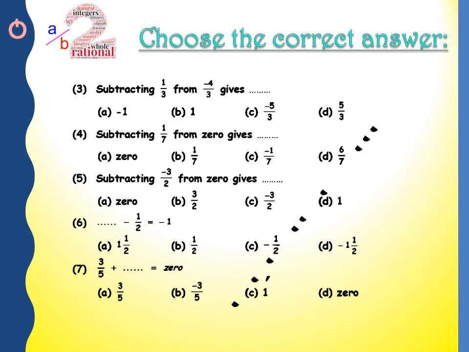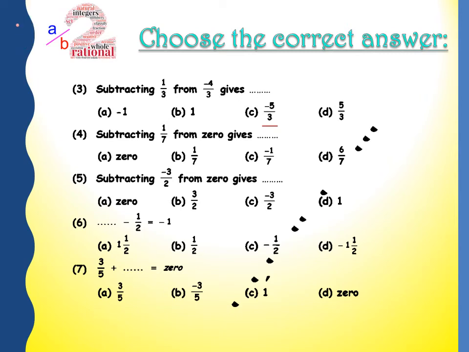That means the word which comes after "from" you start with, and then subtract. That means you will start from this rational number, negative 4 over 3, after that minus a third. So the answer will be negative 5 over 3.